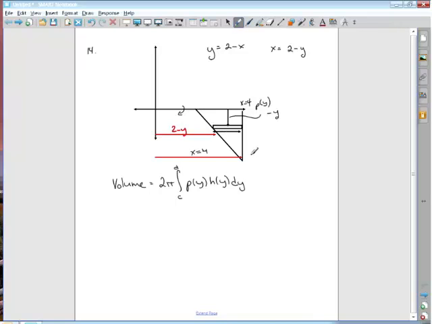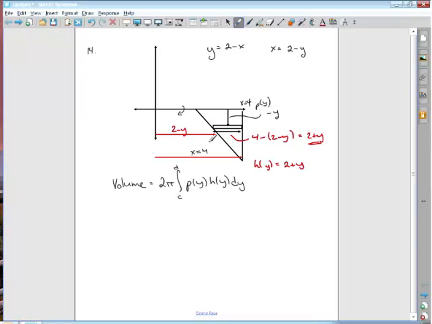That's the function, that's the curve. So this distance here is going to be 4 minus (2 minus y), which is the same as 2 plus y. So that's what h of y is. h of y is equal to 2 plus y.